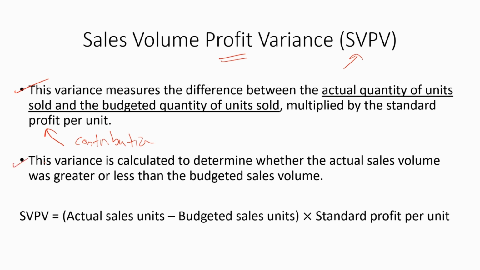This variance is calculated to determine whether the actual sales volume was greater or less than the budgeted sales volume. This is the equation we can use to calculate the sales volume profit variance. This is equal to the difference between the actual sales units and the budgeted sales units, multiplied by the standard profit per unit.